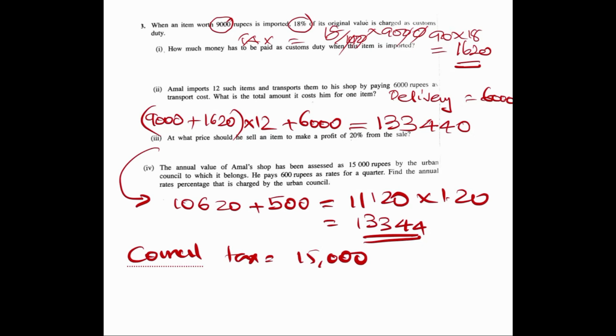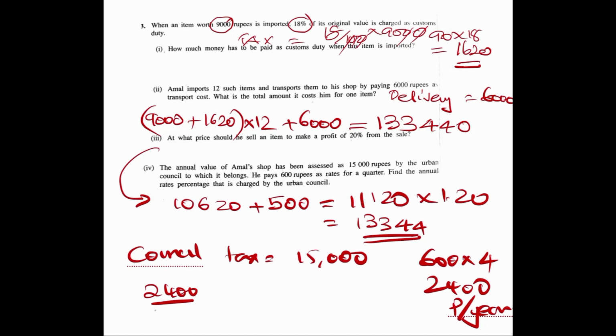Find the annual rate percentage. 600 per quarter multiplied by 4 is 2,400 per year. So the percentage is 2,400 divided by 15,000 multiplied by 100.